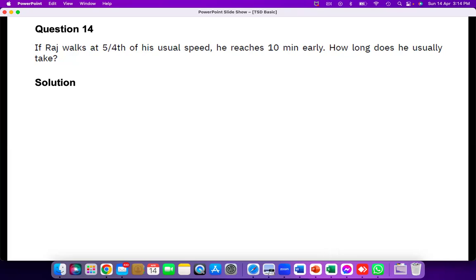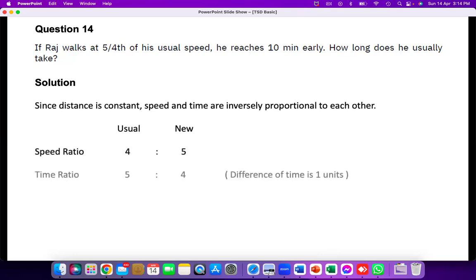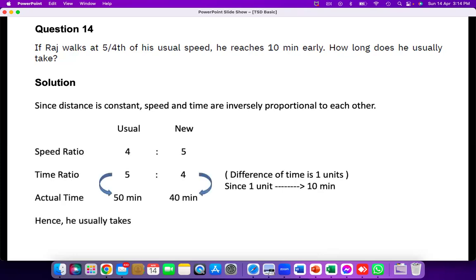40 minutes. Yes, sir. So we can do this in a different way also. Like 5 by 4, like 1/4 is 10 minutes, so 4 by 4 is, actually, it is 50, is it? Yes. No, sorry.